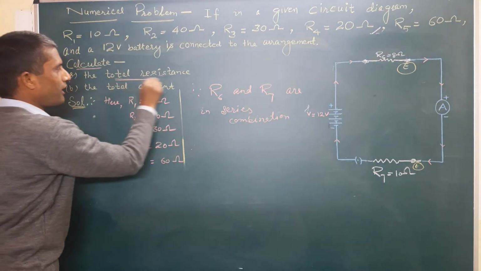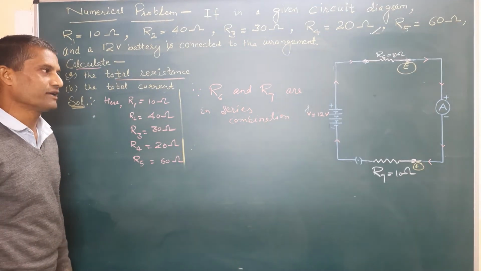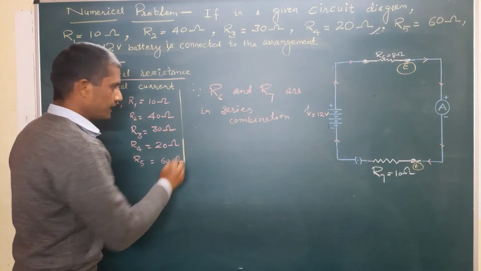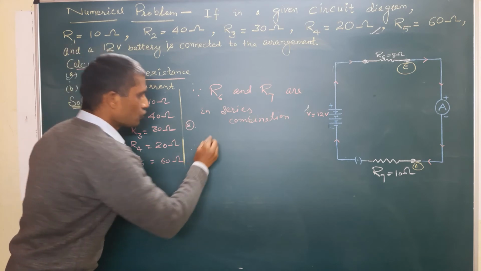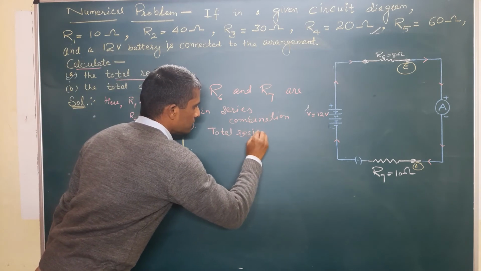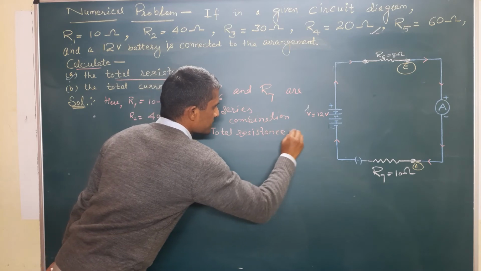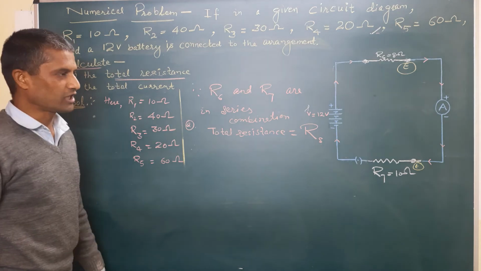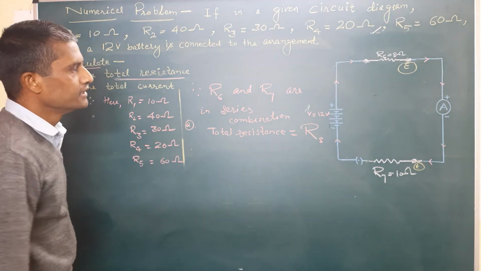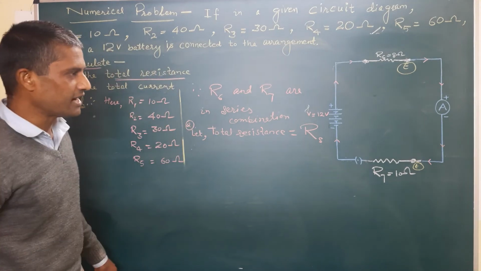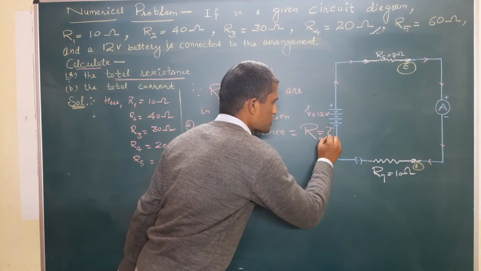Now we can find out the total resistance of the combination. So here we take the A part, total resistance. Since both are in series combination, we take it as RS. So let the total resistance be RS, and that's what our question asks.